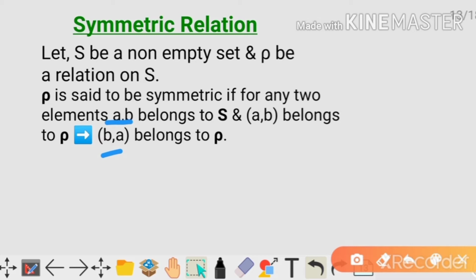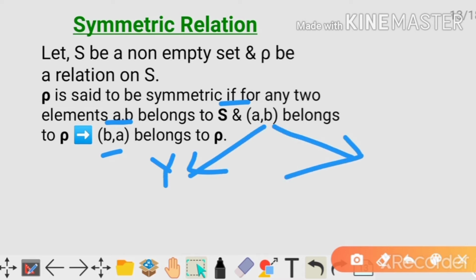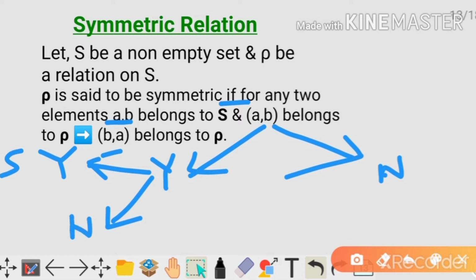But for symmetric relation, it may or may not contain (A, B). If yes, then there are two conditions. If it contains (A, B) and it contains (B, A), then it will be symmetric. But if it doesn't contain (B, A), then it will not be symmetric. But if it doesn't contain any pair like (A, B), then it will be symmetric.